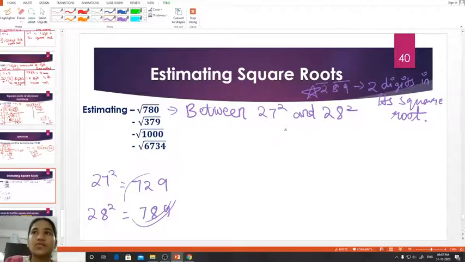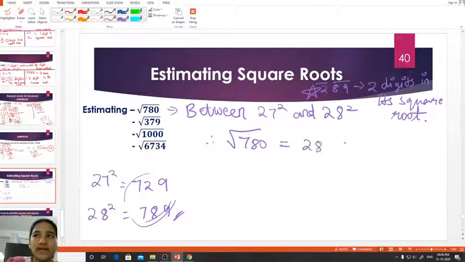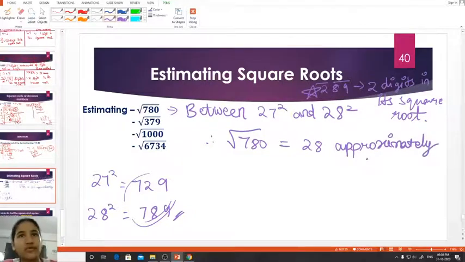So which is nearer, we have to check. Closer to it is 784, right? 28 square. So we can conclude, therefore, the square root of 780 is equal to 28 approximately. Just take whichever is closer to it.